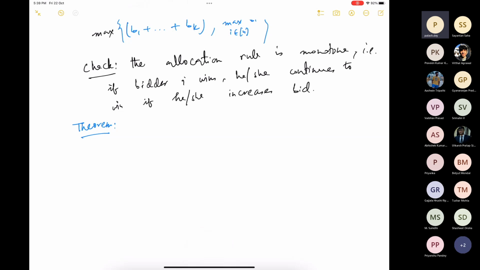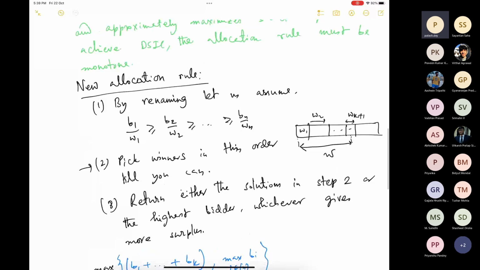So, assuming truthful bids, let's call this the greedy allocation.